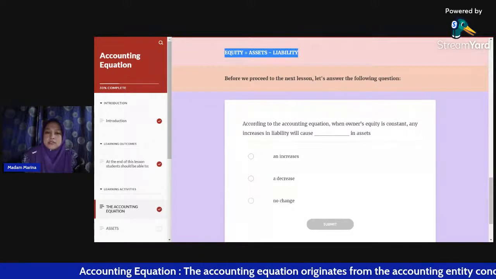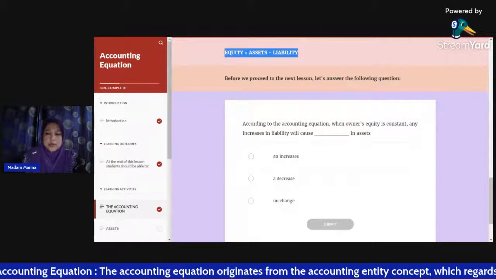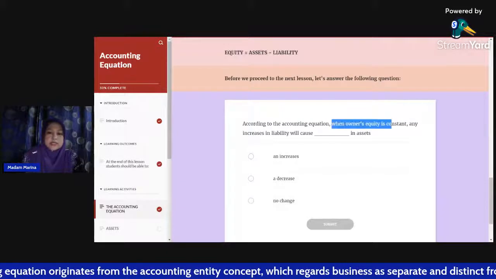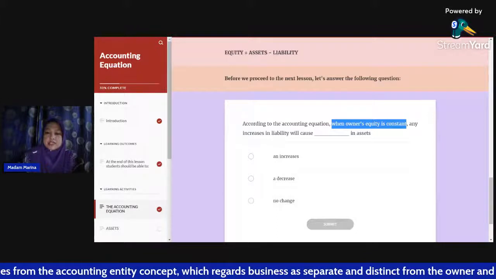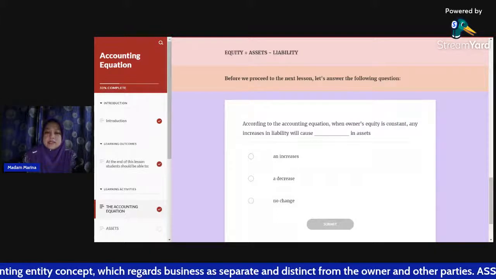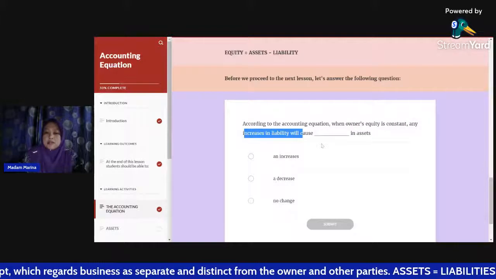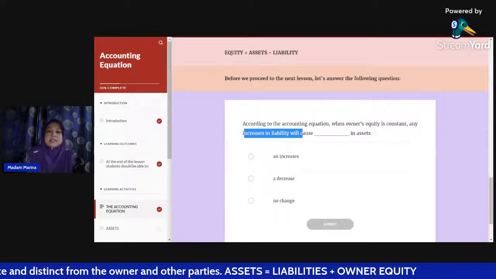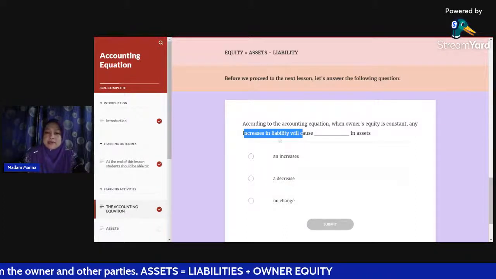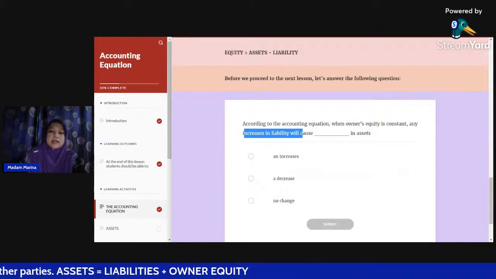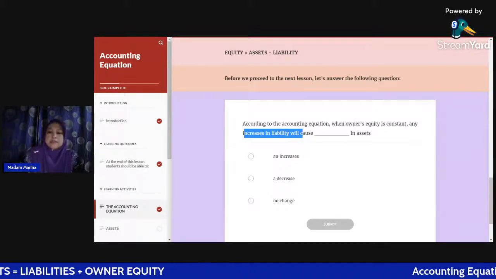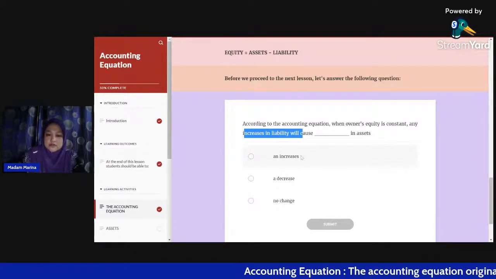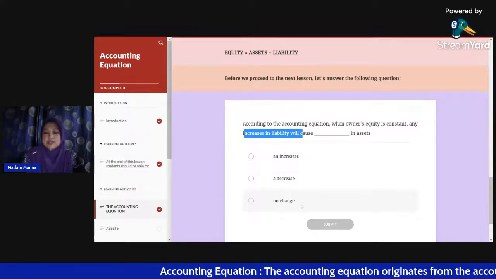According to the accounting equation, when owner equity is constant, with no changes, any increase in liability will cause what to happen to the asset? Increase, decrease, or no changes?